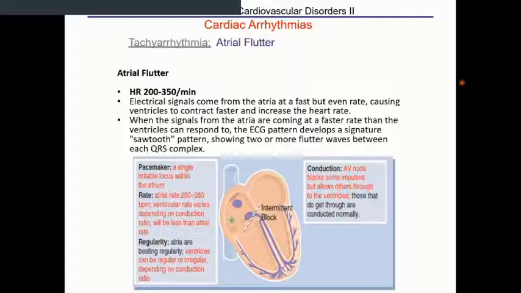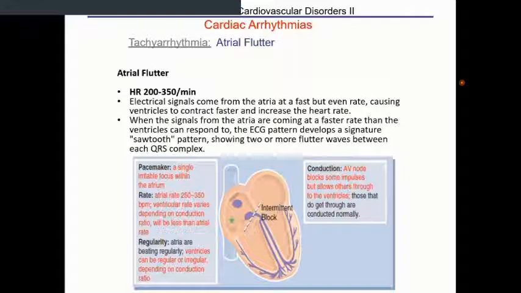Here, the pacemaker for atrial flutter is a single irritable focus within the atrium, compared to atrial fibrillation, where there are multiple irritable foci. So the atrial rate is a little bit slower, about 250 to 350.